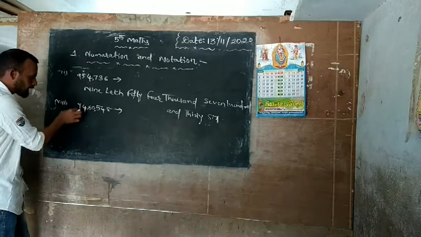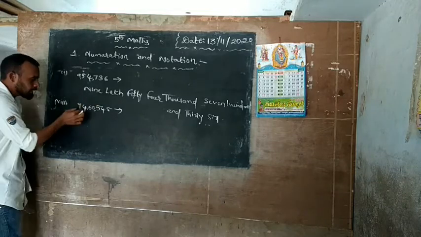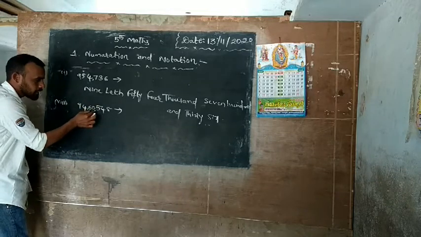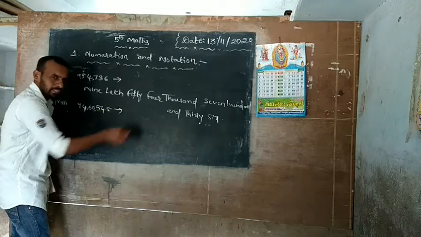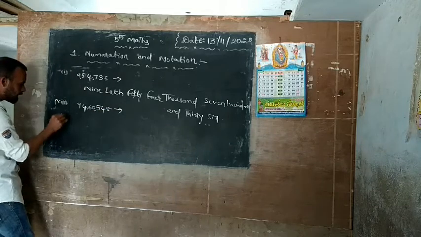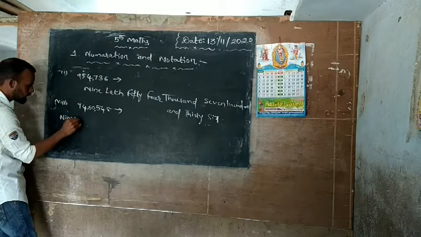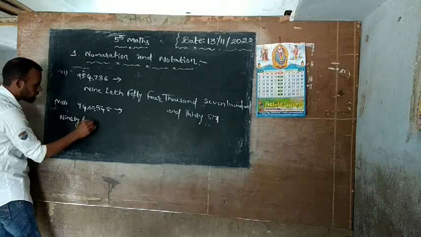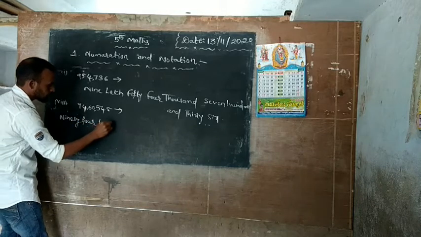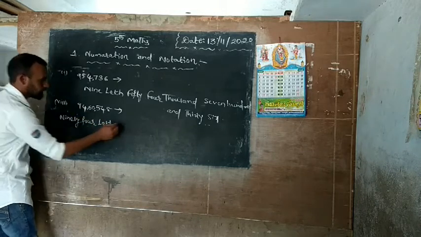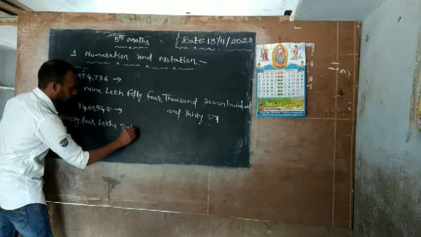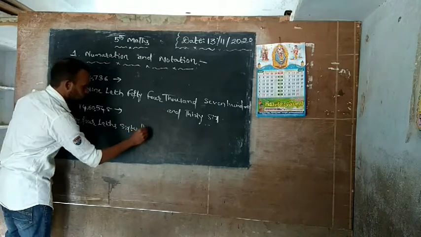So this is the 10 lakhs place. So how to write this? 94 lakhs 60,548. Okay, now write here 94 lakhs 60,000.